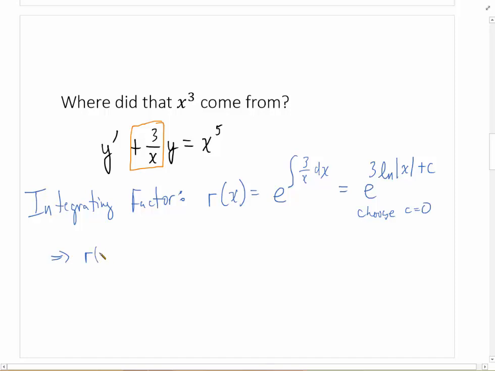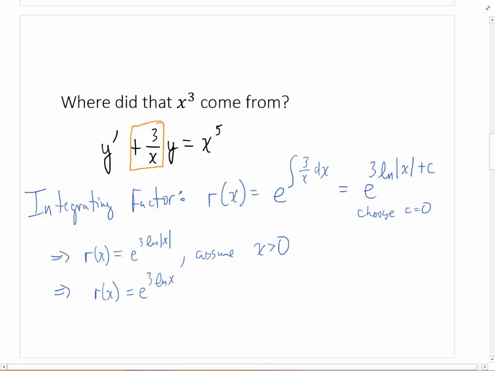And so now my r of x is e to the 3 natural log absolute x. Well, let's also assume that x is positive. It's a simplifying assumption. If we assume x is positive, then r of x is now e to the 3 natural log x, right?